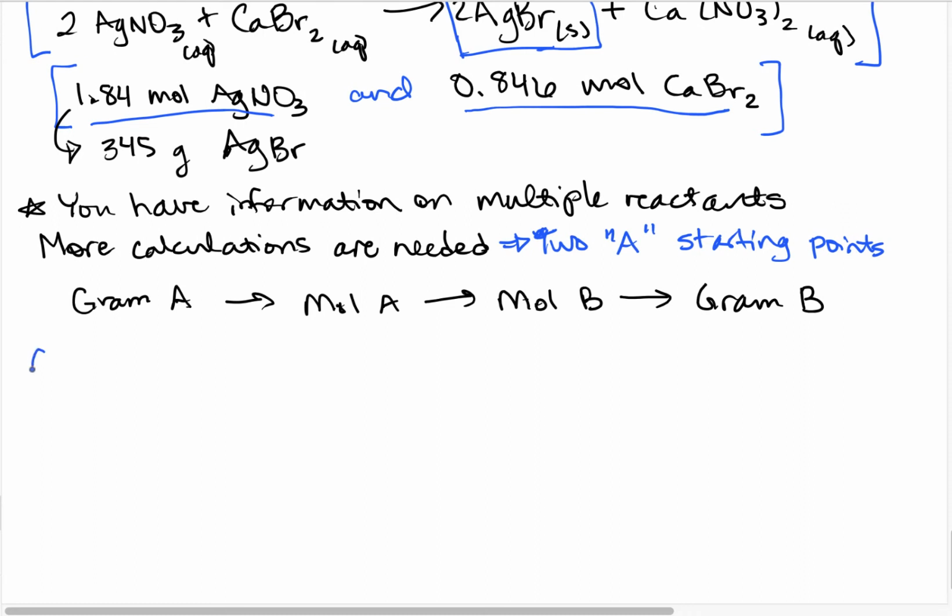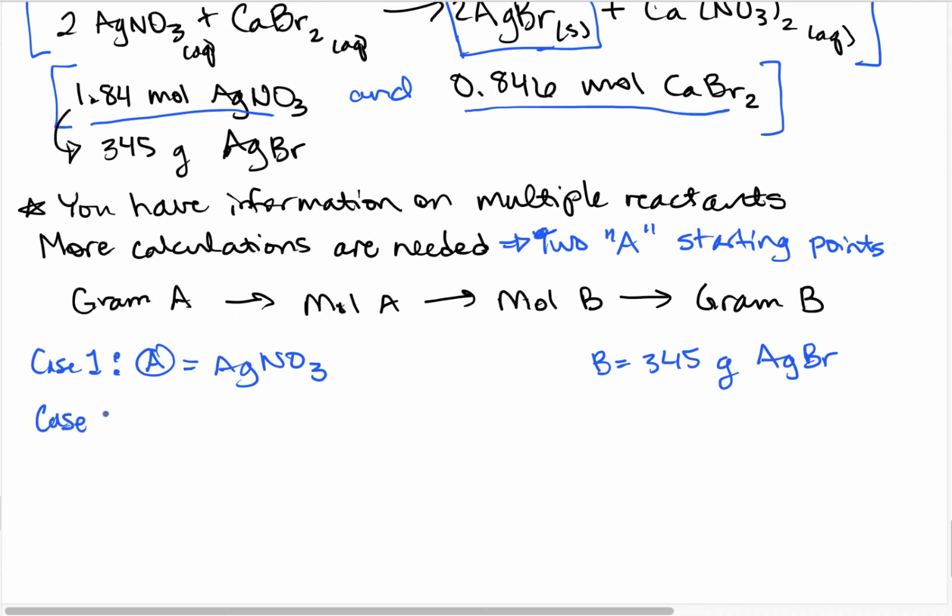So in case 1, A is equal to silver nitrate, and we already solved that problem. B is equal to 345 grams of silver bromide. So we already did case 1.